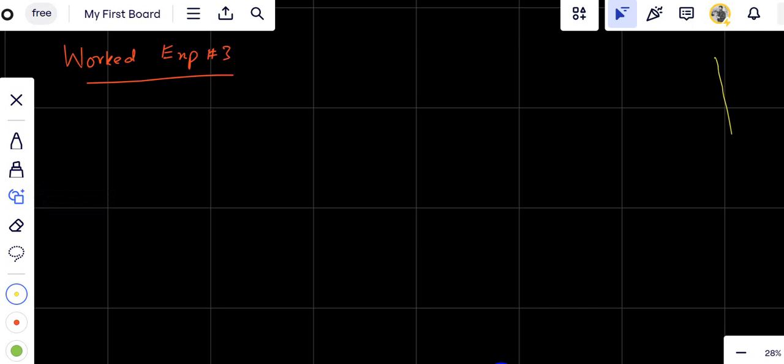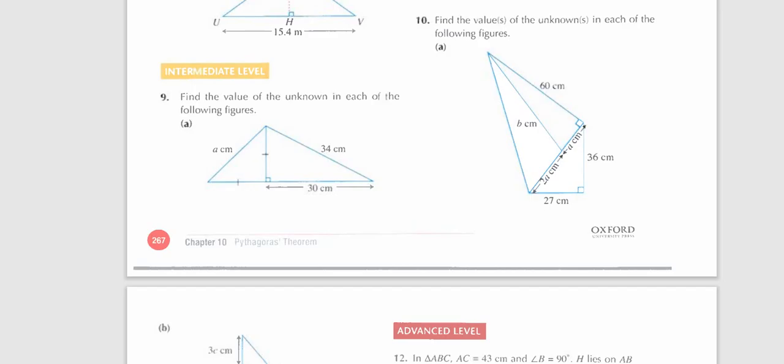Sorry, this is in the tilted form. We need a straight line. Okay, that's perfect. And I join this with this point. So this is a triangle, which is clearly a right triangle.